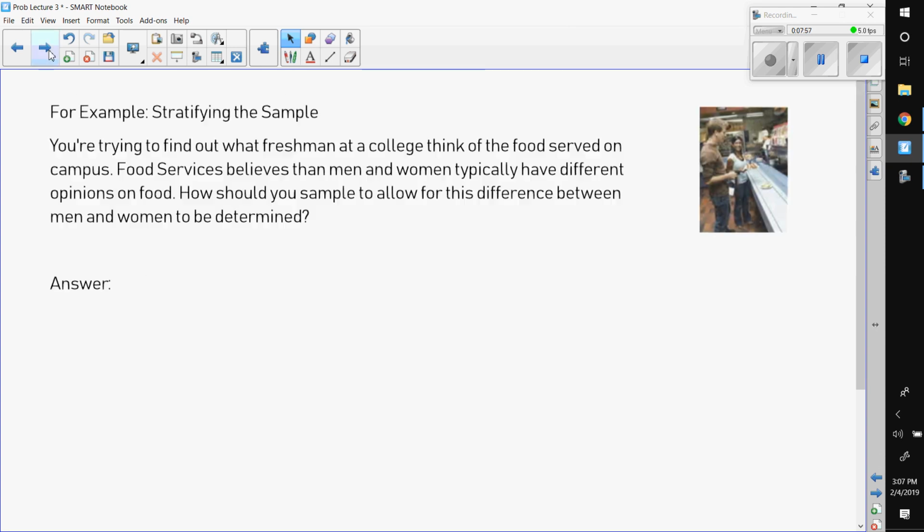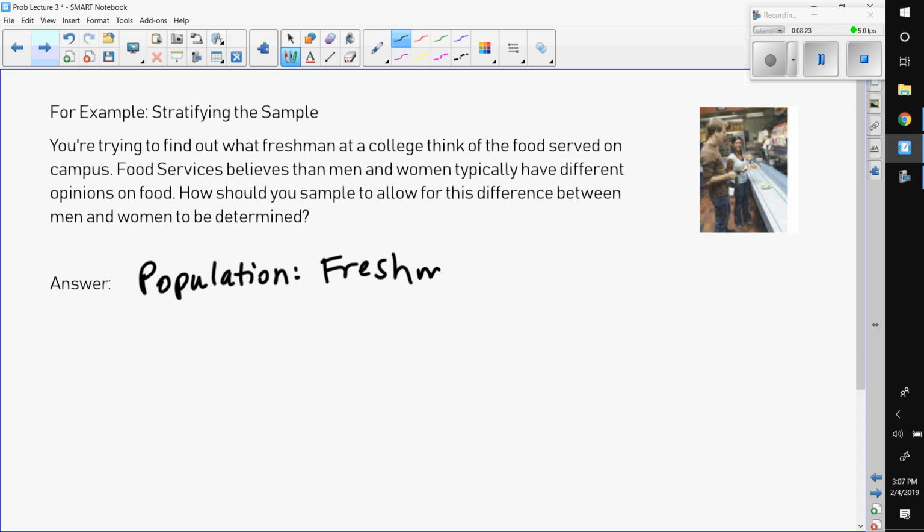Another example we can see is if you're trying to find out what freshmen at a college think of the food served on campus. Food Services believes that men and women typically have different opinions on food. How should you sample to allow for this difference between men and women to be determined? So my population is freshmen.